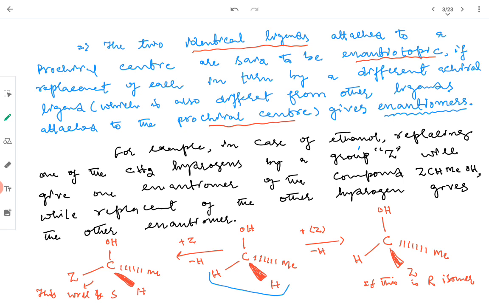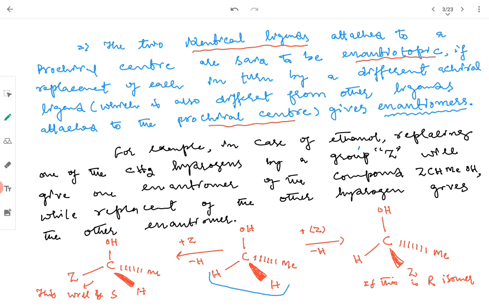We will call them enantiotopic only if replacement of each in turn by a different achiral ligand gives enantiomers. So if we replace these two similar ligands by a different achiral ligand in series, first we replace the first group, and in the second step we replace the second group.